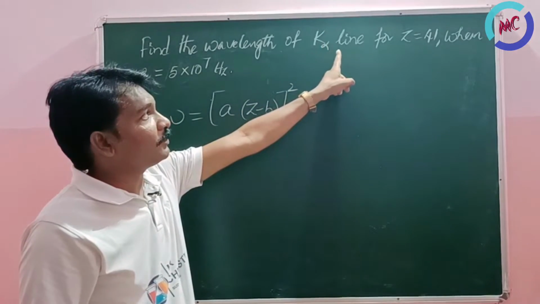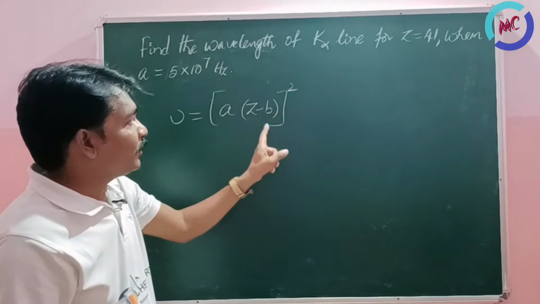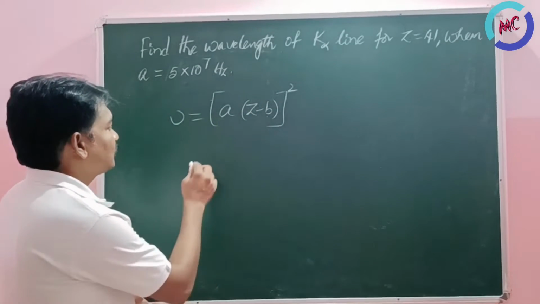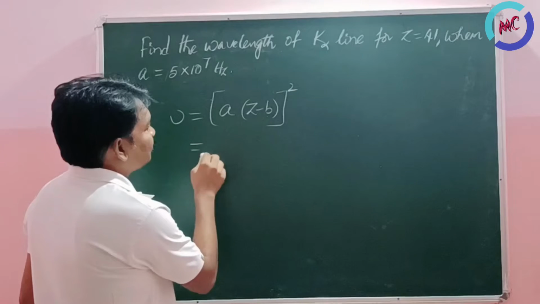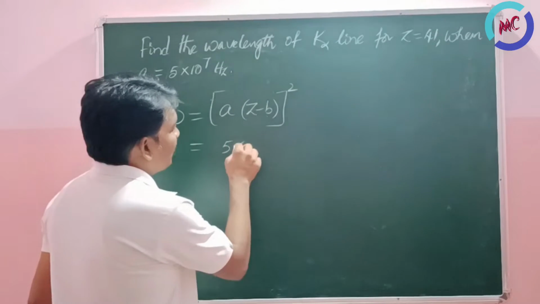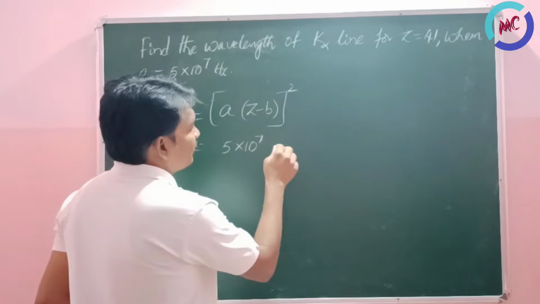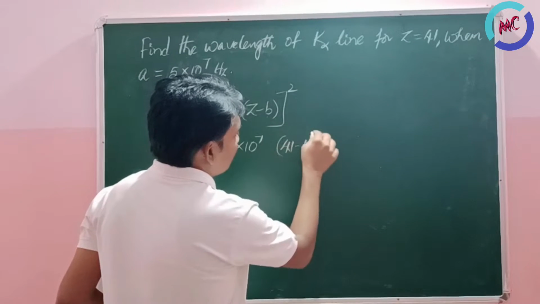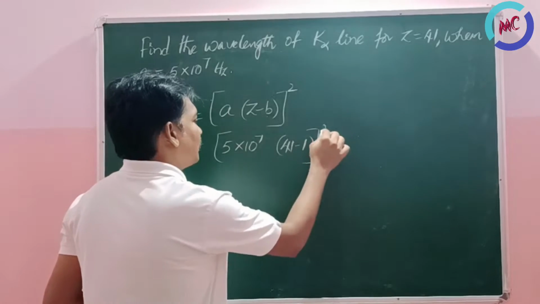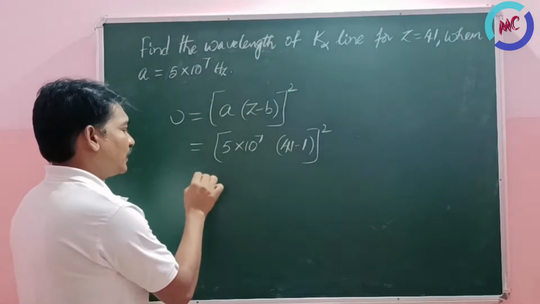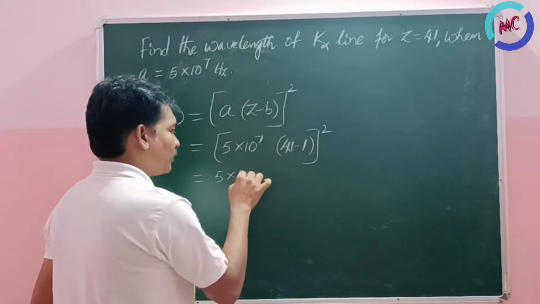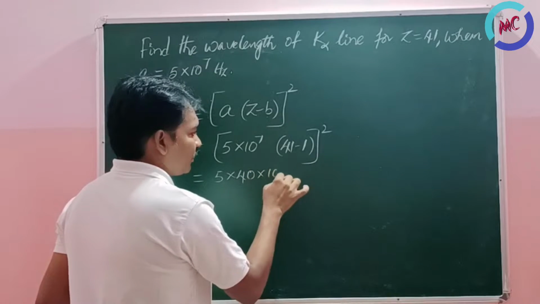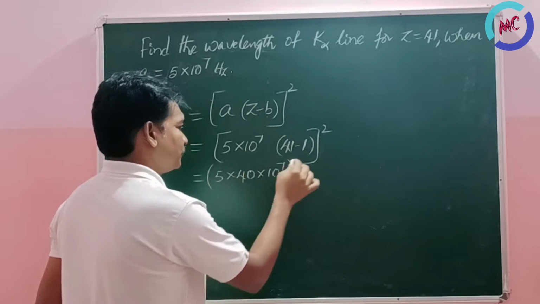For K alpha line, the B value is 1. Let us substitute the values. A is 5 into 10 to the power of 7 and Z is 41 minus 1. 41 minus 1 is 40. We will write it as 5 into 40 into 10 to the power of 7, whole square.